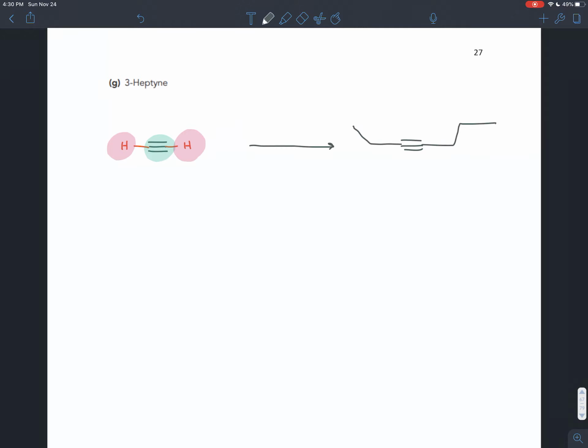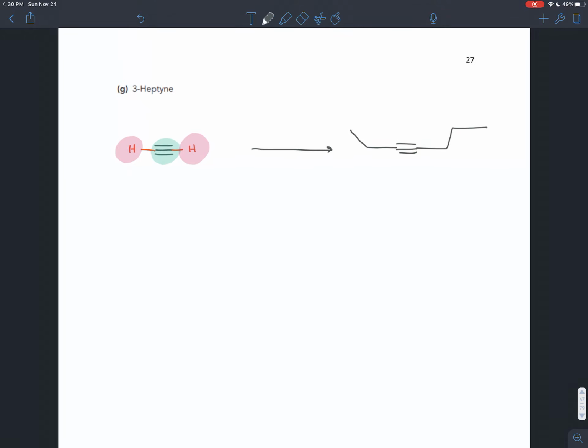Okay, now I'm going to start to do this in a more abbreviated way because we've already done so many examples. So let's try to do it more quickly. We can take this last hydrogen off by using sodium amide, NaNH2. That creates the carbon nucleophile. Then we just look at the carbon chain we want to add. Notice this has 3 carbons. So we're going to have 3 carbons, and then a leaving group.